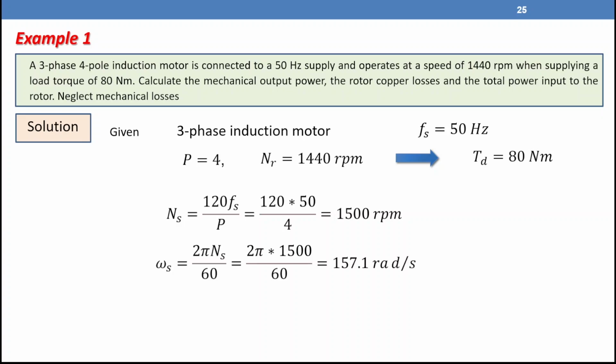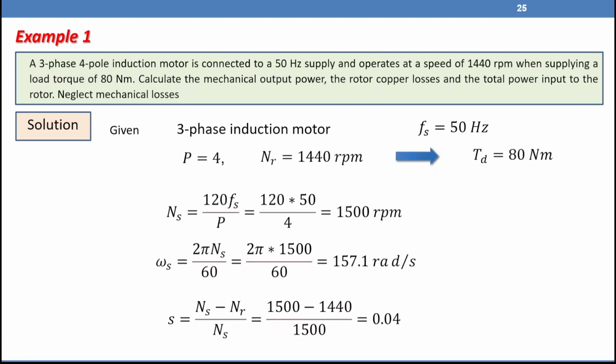Also, we can calculate omega s, which equals 2π ns over 60, 157.1 radian per second. We can use that one to calculate the air gap power, where P gap equals torque times omega s. So we have ns and we have nr, so we can calculate the slip. Slip equals ns minus nr over ns, which equals 0.04 in this case, or we can write it as 4%.